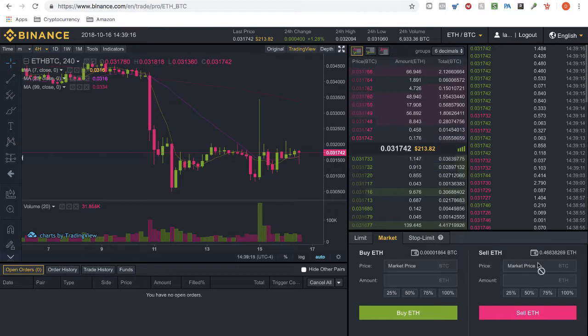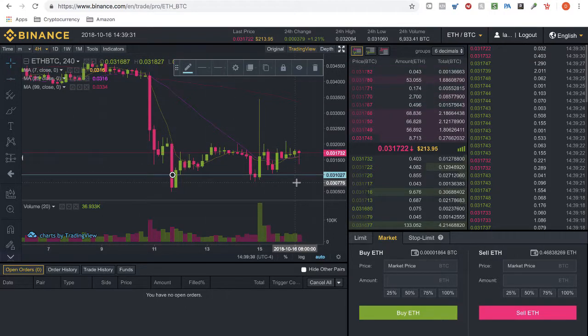For example, I have about a half of ETH, one half of an Ethereum. Current price, 0.31743 Satoshis. Let's say I wanted to sell here if price fell past 0.31027.